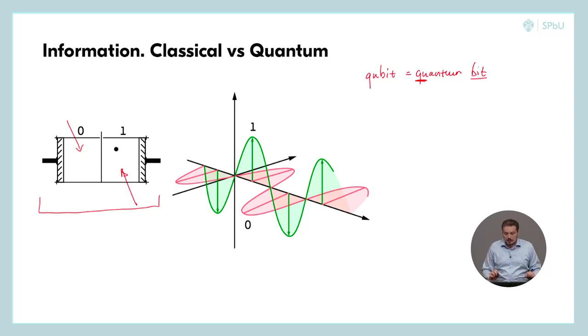As you probably remember from school, electromagnetic waves are transverse waves, which means that the direction of the oscillation is orthogonal to the direction of the propagation. So if the wave propagates here, then oscillations can take place in this plane, which is orthogonal to the direction of propagation.